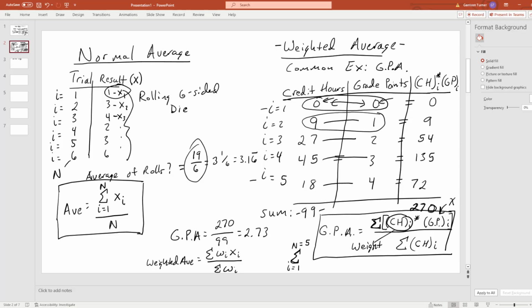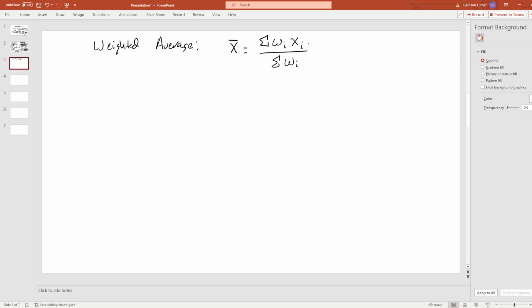So 0, 1, 2, 3, 4, etc. These are integers. But if the variable that I'm interested in becomes continuous, then that is going to become an integral.